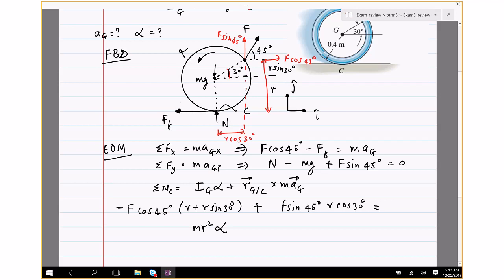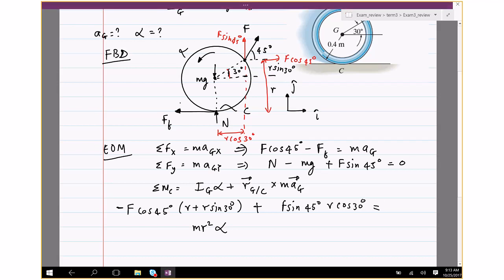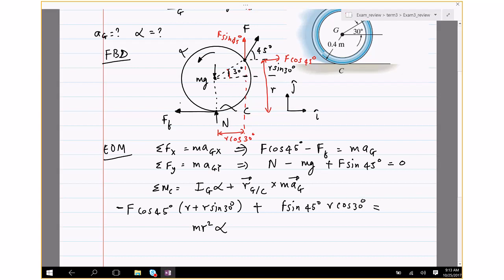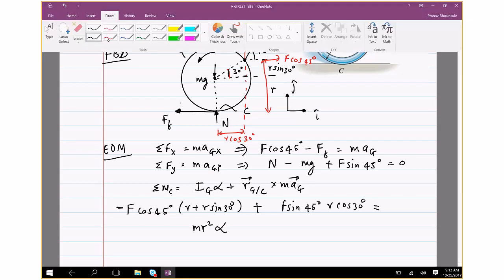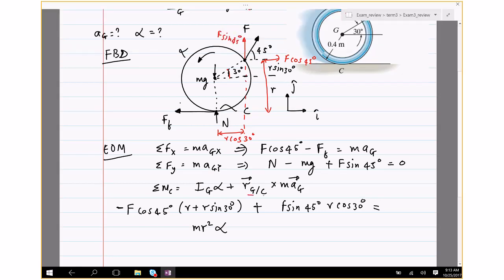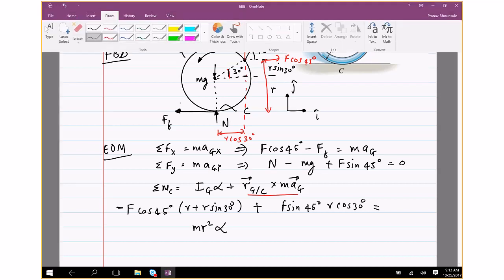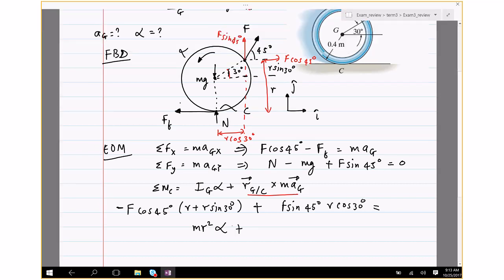Okay, the final thing left is this particular cross product. So this is the vector from C to G, so this vector.